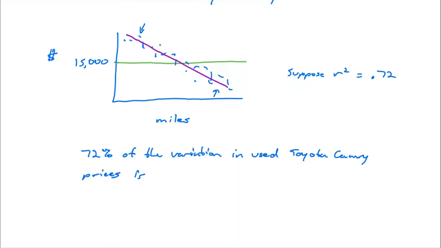You can use whatever wording you want. I tend to use accounted for, but I think explained by is a little bit easier to understand. Is explained by the LSRL, least squares regression line, using miles driven.